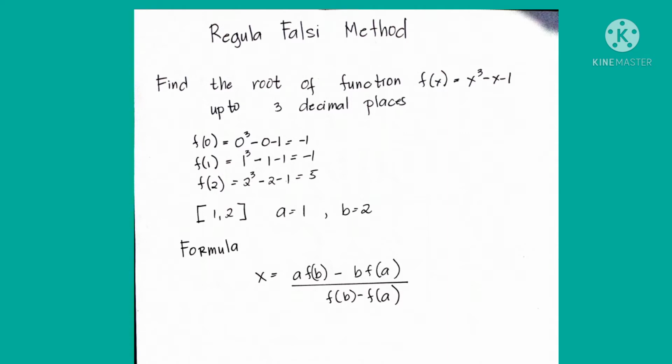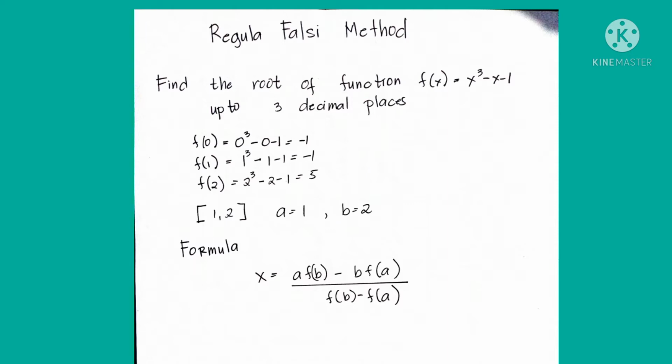Regula falsi method. Find the root of the function f of x equals x cubed minus x minus 1 up to 3 decimal places. In finding the root, first we are going to find the interval, starting from substituting numbers into the function, and we're going to start from 0. Take note, in finding the interval, the answers in the function should be a succeeding negative and positive.